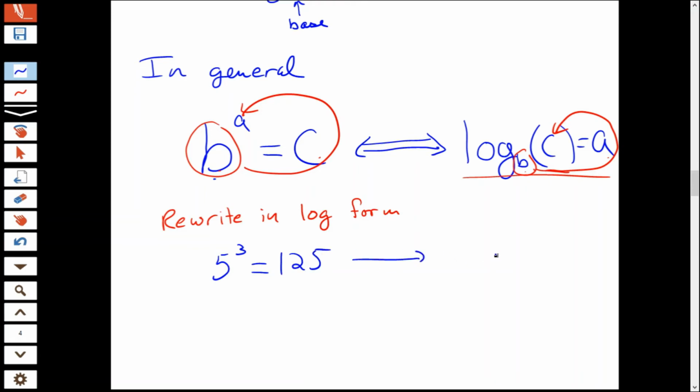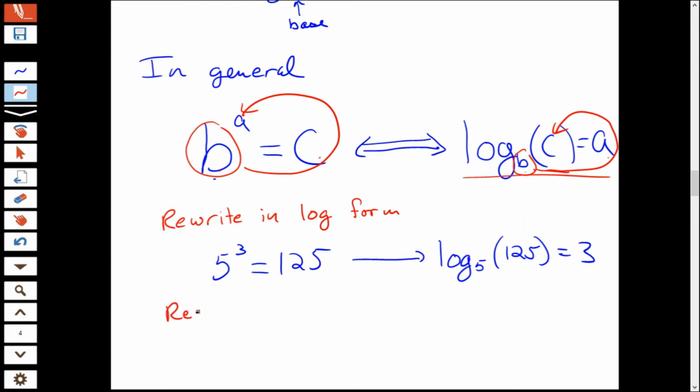That would be rewritten as log base 5 of 125 equals 3. Base goes as a subscript. It always equals the exponent. And then what is it? 125 is inside, right? Because 5 to the third equals 125. And there we have it.